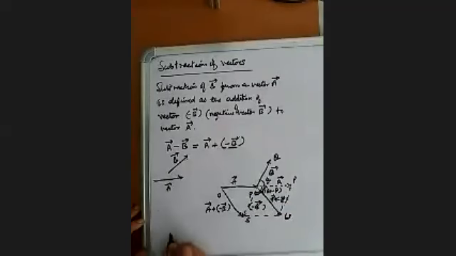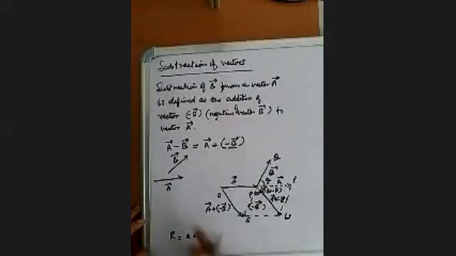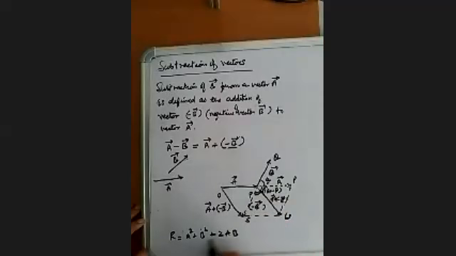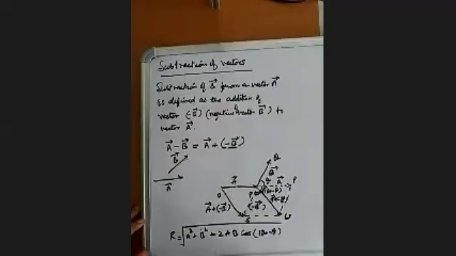Resultant का expression निकालने के लिए R लिखेंगे: A square plus B square plus 2AB, and what is the angle between the two? A का magnitude का square, B के magnitude का square plus 2AB, and cos of the angle between A vector and minus B vector, that is 180 minus theta, and under root. So this will give us the value of the resultant R.